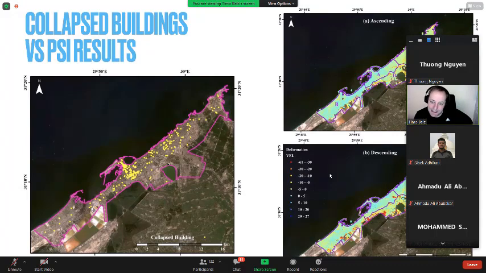It also makes sense. If you have a larger area subsiding, it's not really dangerous for a building because the whole building will go down. It's getting dangerous for buildings if one part of the building goes down and the other part goes up or moves horizontally. If they move in opposite directions, then it's starting to get dangerous for building stability.